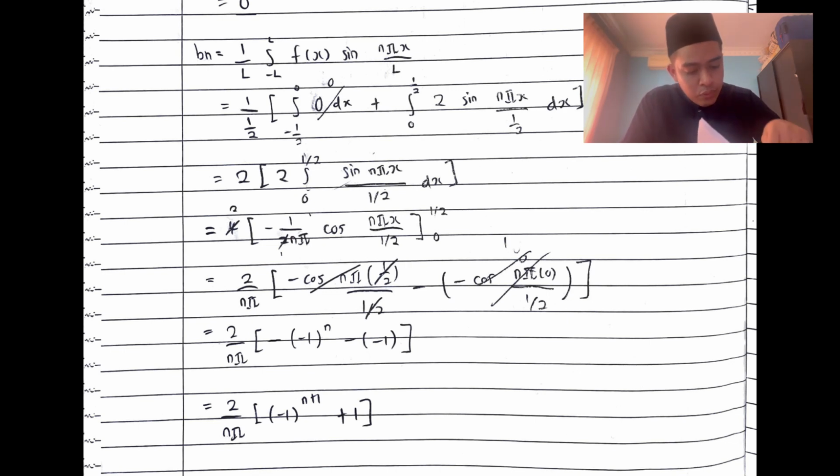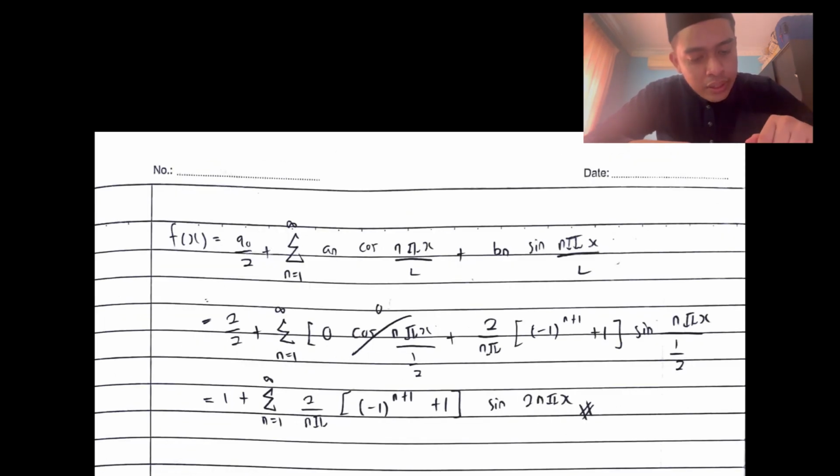As we know, cos 0 is equal to 1, so we get minus negative 1. So we have 2 over n pi, in brackets, negative 1 to the power of n plus 1, plus 1. As we know, a0 is equal to 2, so a0 divided by 2 is equal to 1.